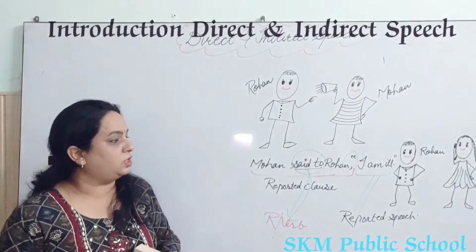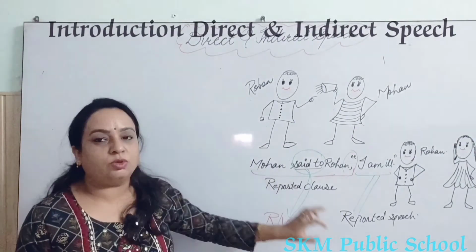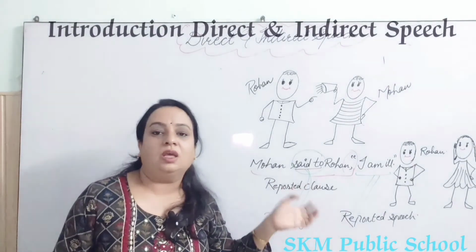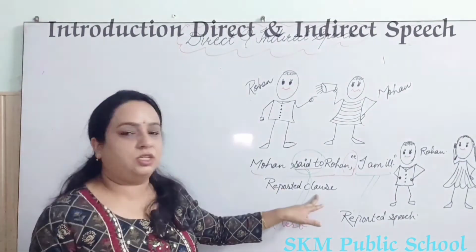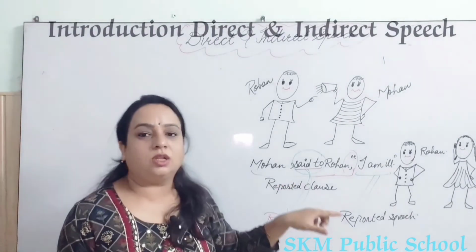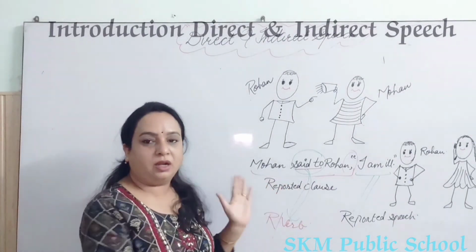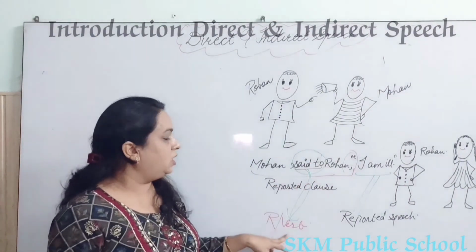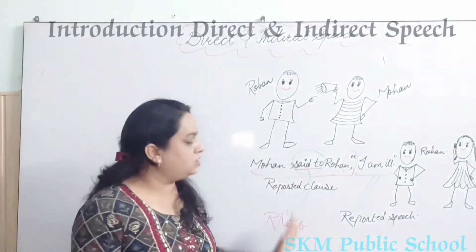This is very important, because when we do the rules of reported speech, we have to check the reported verb. In the books which you use, the reported clause is not written, but this complete part of the sentence is known as reported clause, and the reported verb is said, says, will say, commands, thinks.